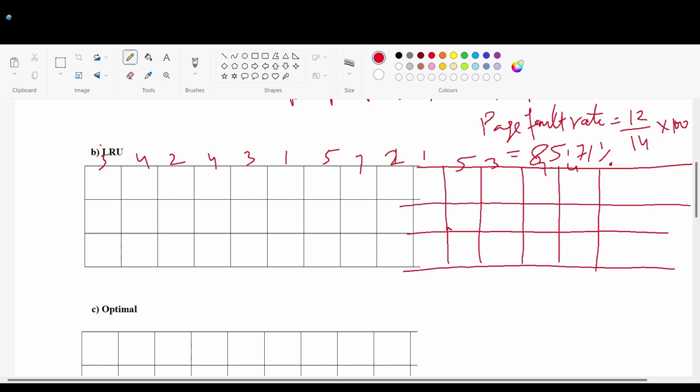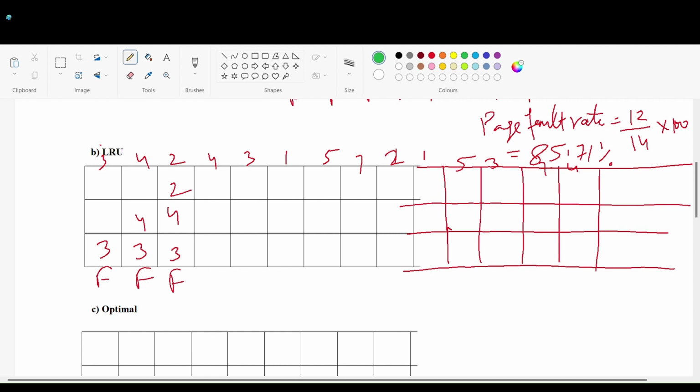This is the least recently used algorithm. Okay, so first of all 3 will enter, this is a page fault, 3 and 4, this is also a page fault, 3, 4, 2, this is also a page fault, right? The page that has not been used for the longest period of time should be replaced in the LRU algorithm.